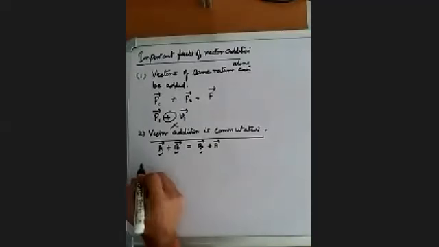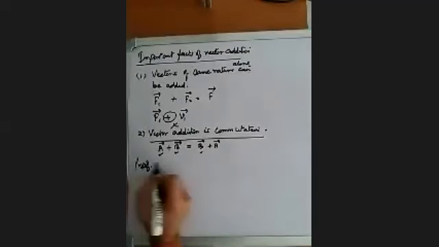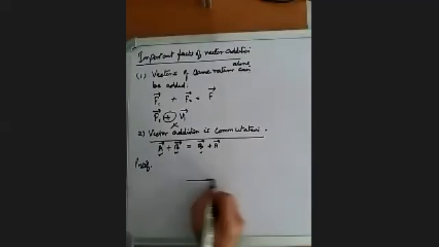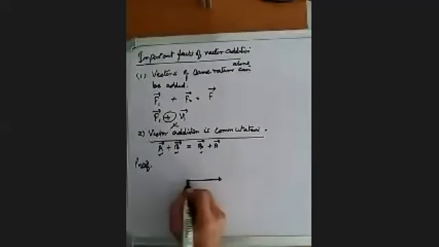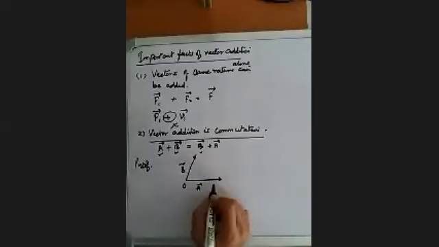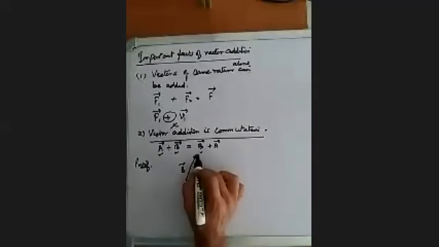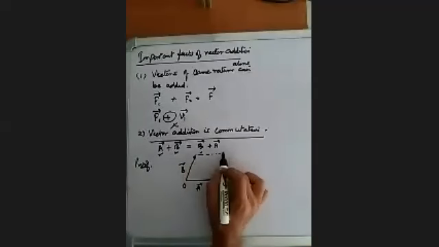So we can prove this. Suppose these two vectors are acting at some angle theta, represented by the two adjacent sides of a parallelogram. So this is A vector, this is point O, and this is B vector. These are two vectors acting like this. Now we can complete the parallelogram.